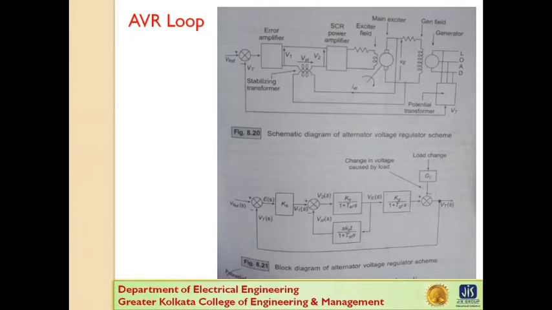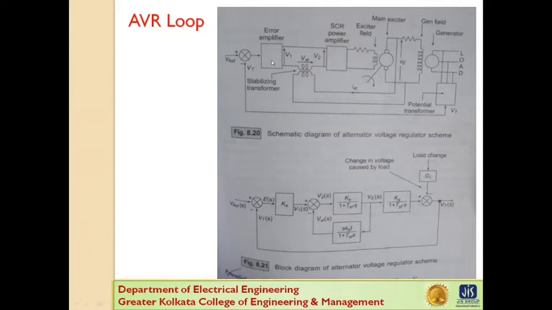Now the exciter field is automatically controlled through error E equals V reference minus VT, suitably amplified through voltage and power amplifiers, and it is a type 0 system which requires a constant error E for a specified voltage at generator terminals.